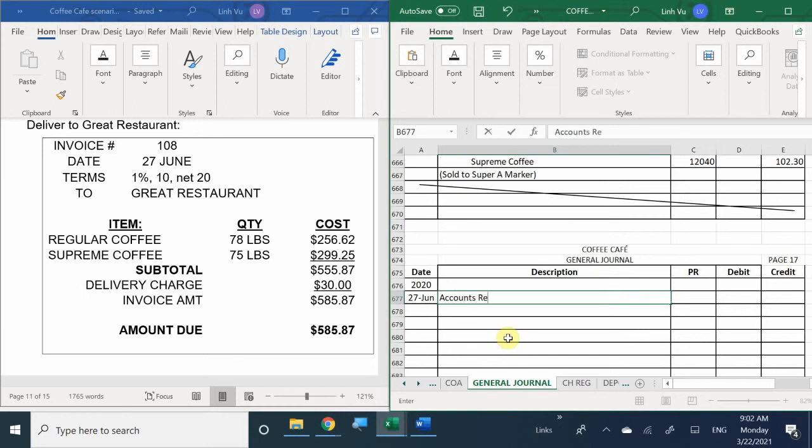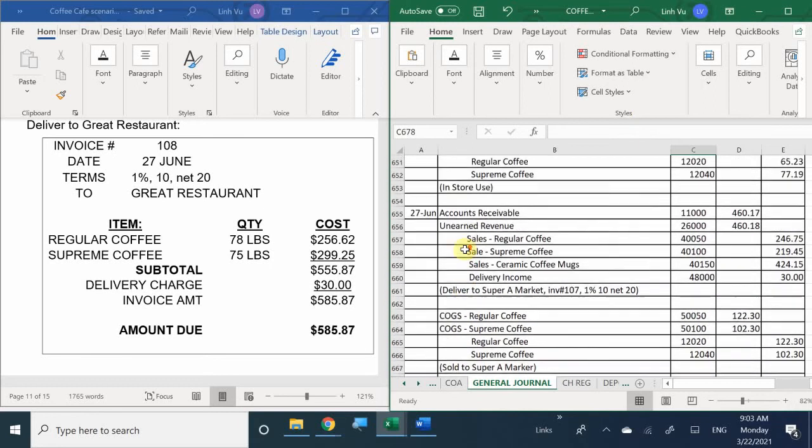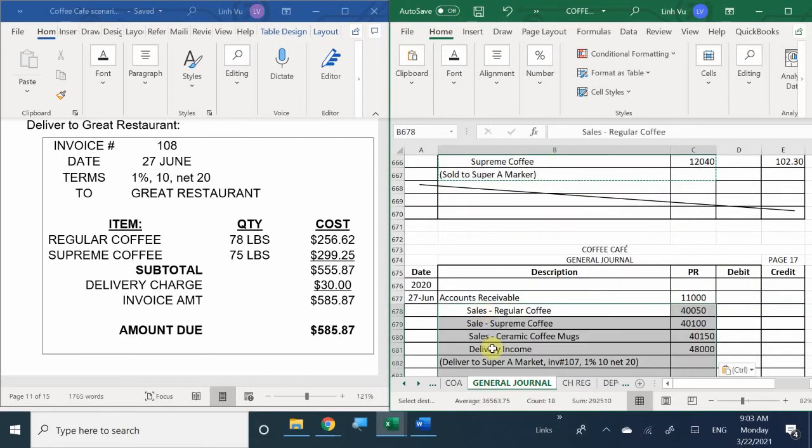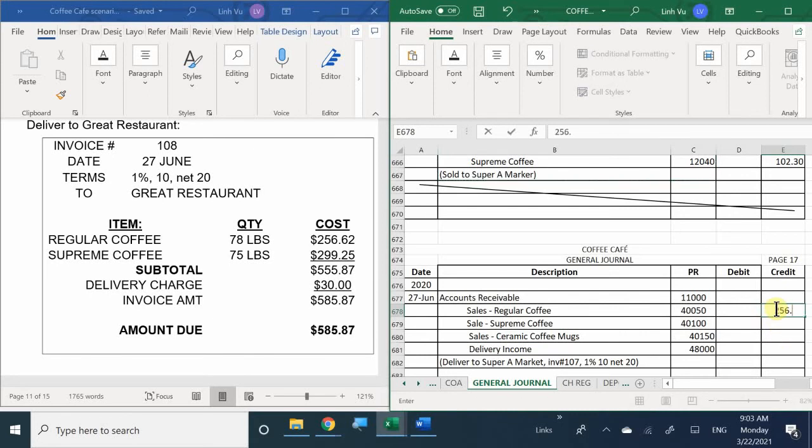We did another delivery to Great Restaurant. Okay. And another sale, right? We're invoicing them. So what are my sales? Regular coffee, for how much? 256.62. All right.